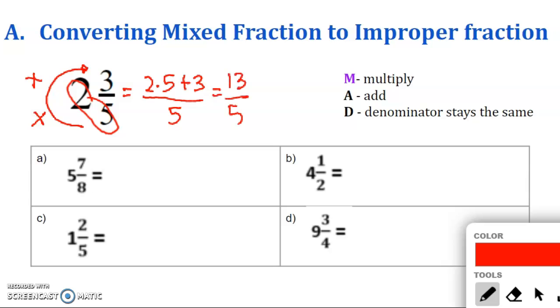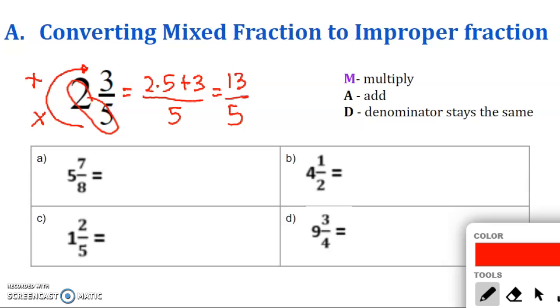Divide by 5. So we've turned it into an improper fraction where it is top heavy. This is exactly the previous example. Why it is called MAD face is if you sort of tilt your head to the side, you can see the two eyes and the frowny face, and it stands for MAD.